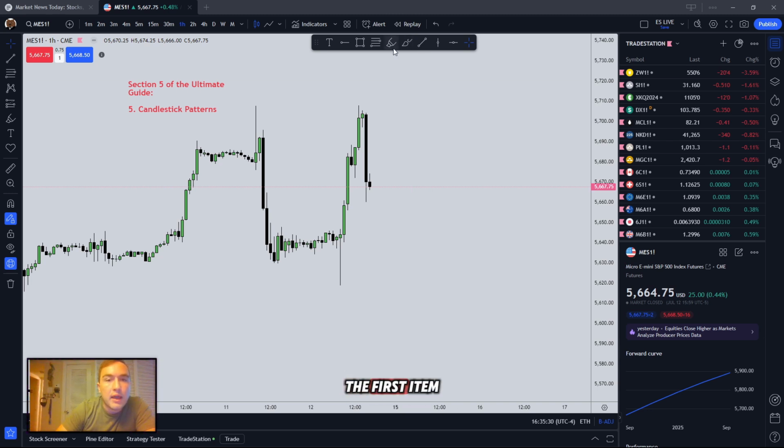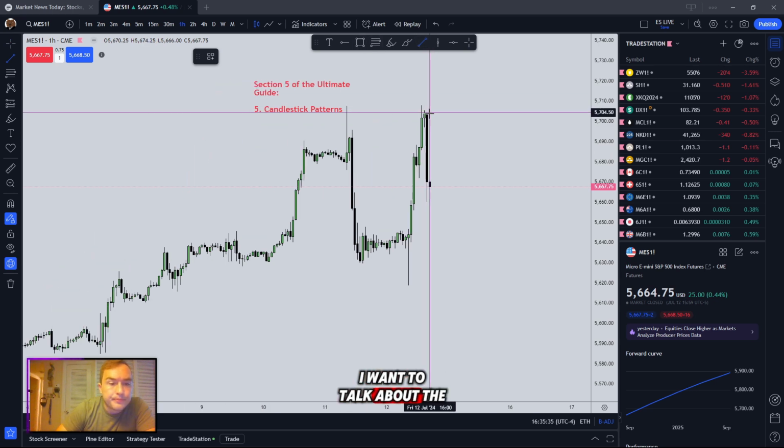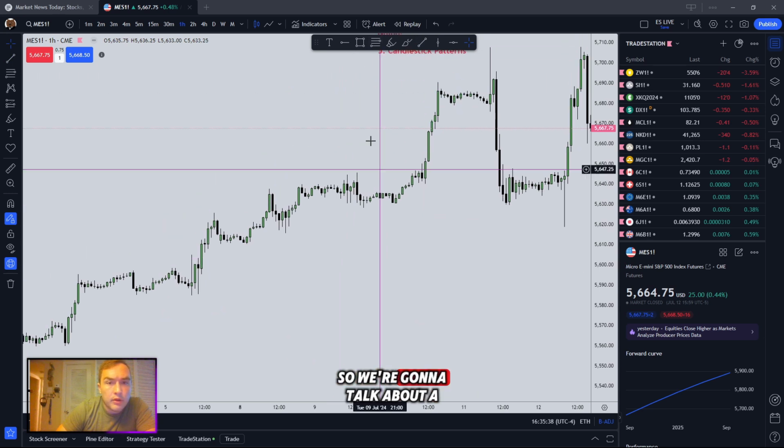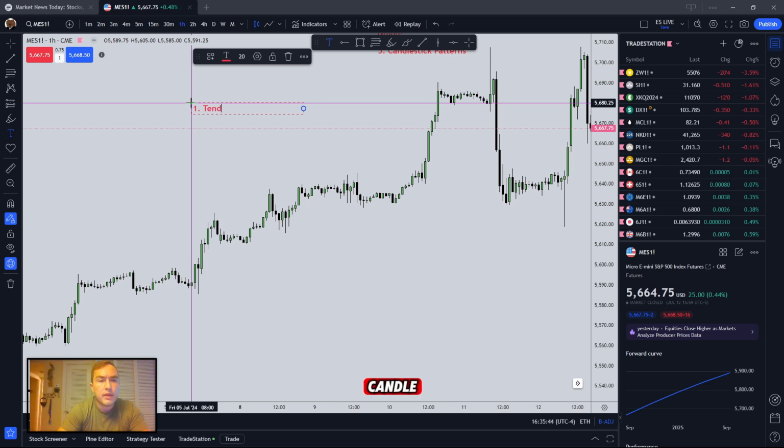So the different candlestick patterns that I want to talk about: we're going to talk about a few different basic candlestick patterns. We're going to start with the long trending candle, the trend candle. We're going to talk about the spinning top, indecisive candle. We are going to talk about the overlapping candles. We're going to talk about long-tailed, long-wicked candles.